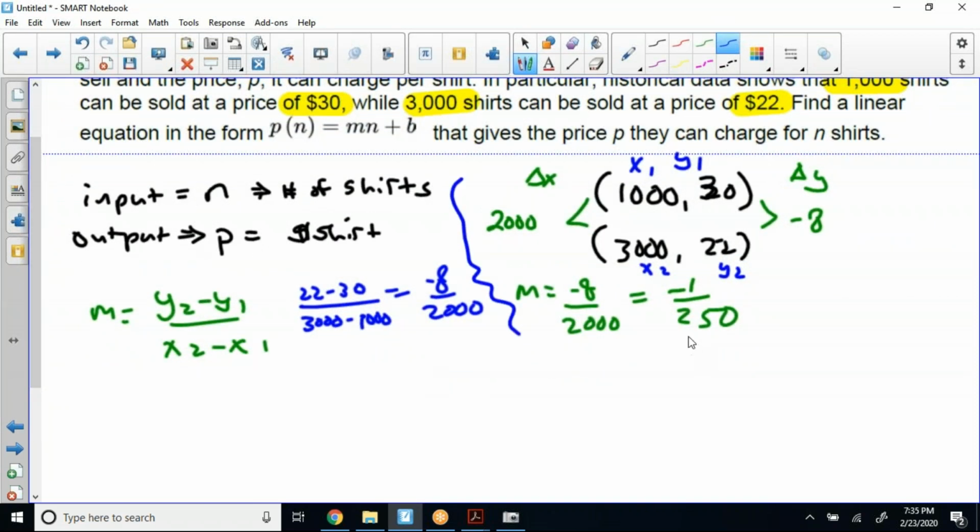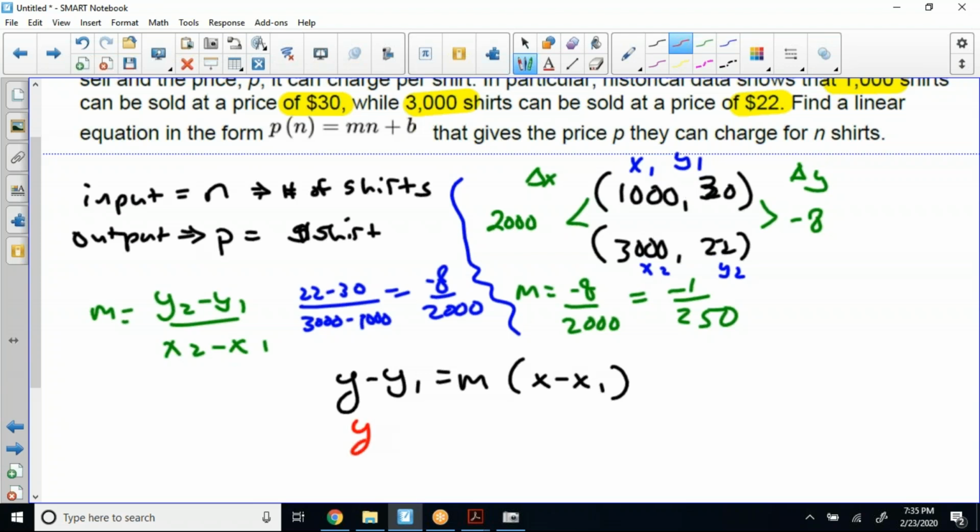So now that you've got the slope and you've got 2 points, you write the equation. What I normally write the equation in is point slope form, which I think is the easiest way to do it, because you plug it in, and when you get done evaluating it, you have the slope intercept form. Pick any point you want, because either point will work, since they are points on the line. So I'm going to pick the 1,000 and then 30. Just note when you plug the points in that they have to change signs, because you've got minus y1 and minus x1.